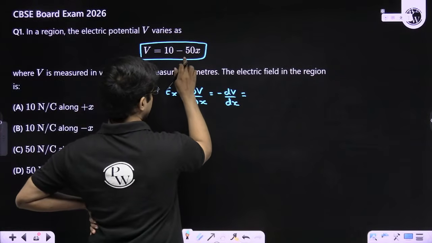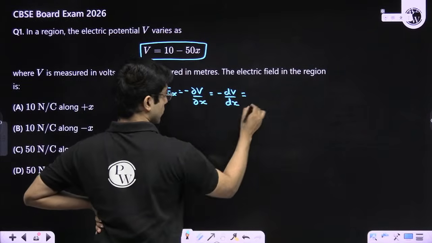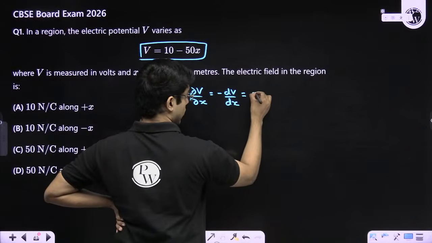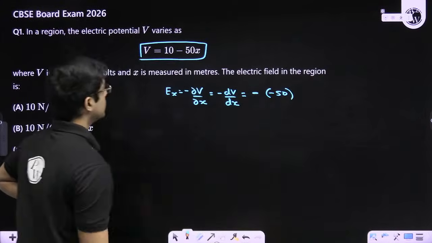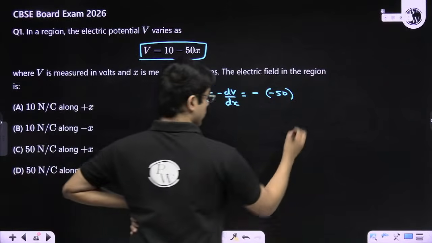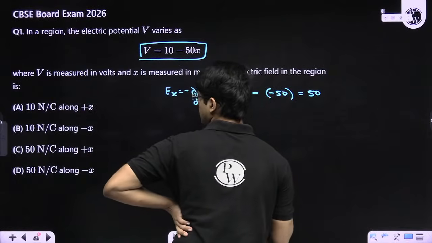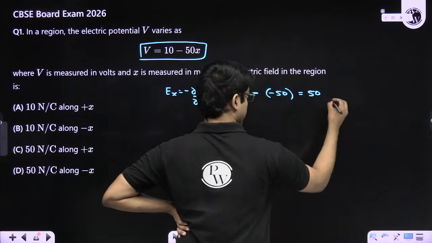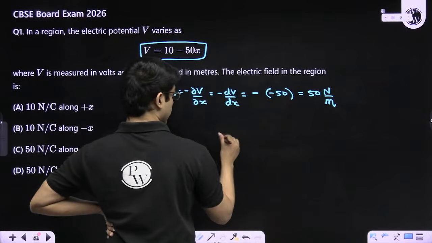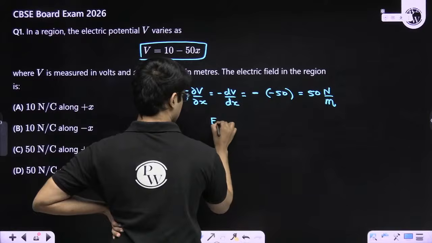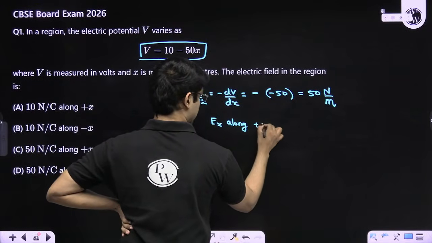So what is the differentiation of minus 50x? It will be minus 50, but there is already a minus outside, right? So this is going to be 50, and SI unit of electric field, we will write it as Newton per Coulomb. And it came out to be positive, so it is along plus x direction.